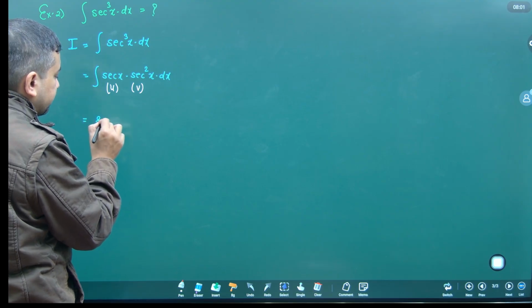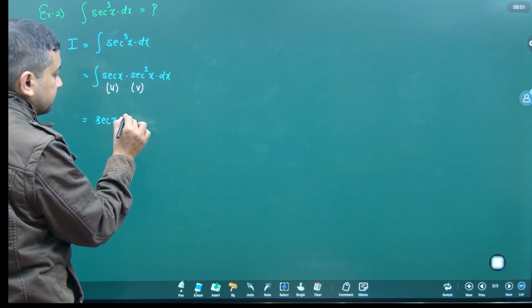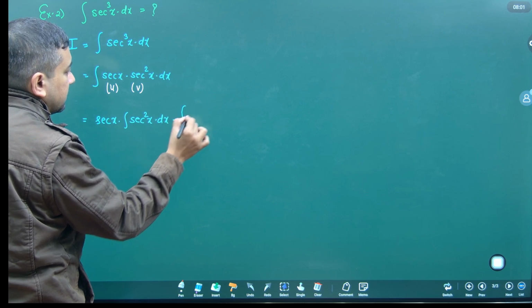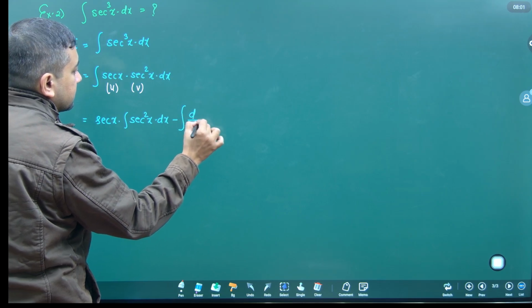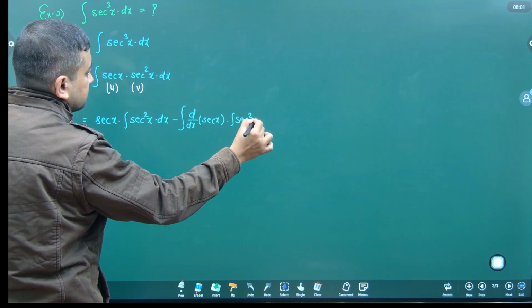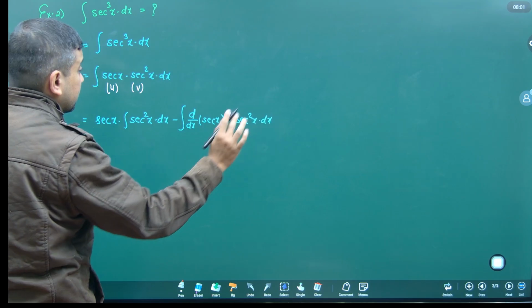First function into integral of second, minus integral of derivative of first into integral of second. The terms are not increasing, remember.